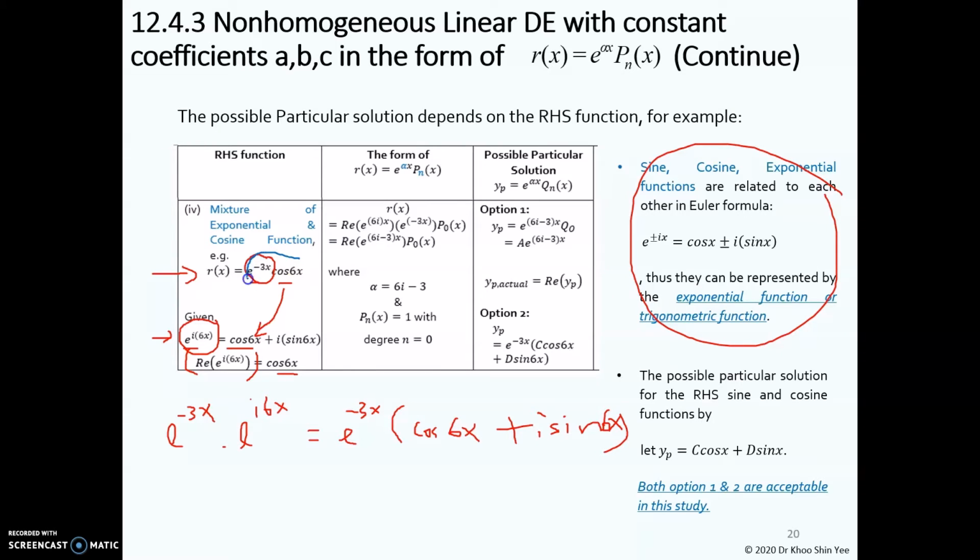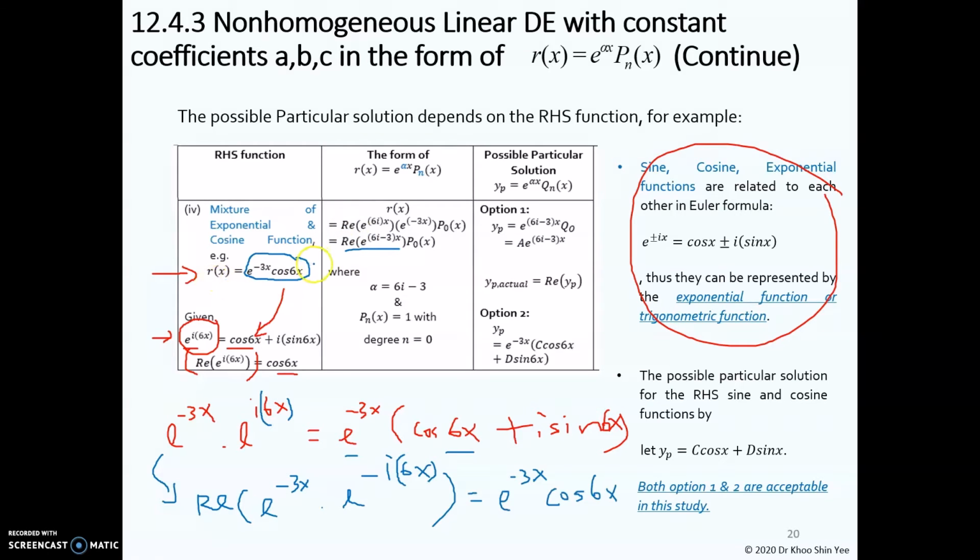So you can see that exponential negative 3x cos 6x is located here, which is the real part of the exponential negative 3x multiplied with exponential i6x. Don't forget the bracket. With that, we can convert the multiplication between the exponential and cosine function here into this format.